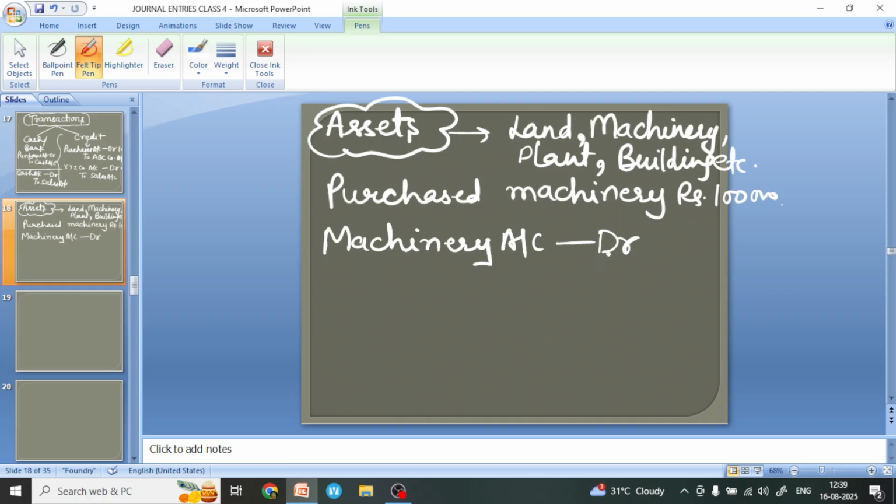Because machinery comes into the business and machinery is a real account, and according to the rule of real account, debit what comes in. Machinery comes in, and what goes out from the business is cash. So according to the rule of real account, credit what goes out, so to cash account credit 10,000.